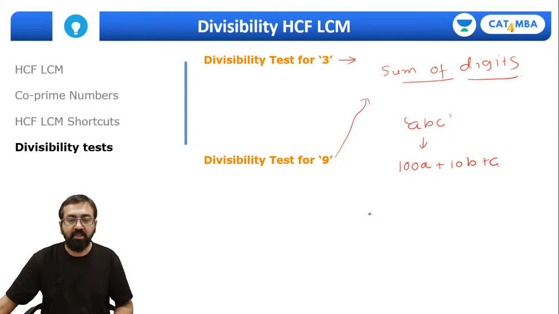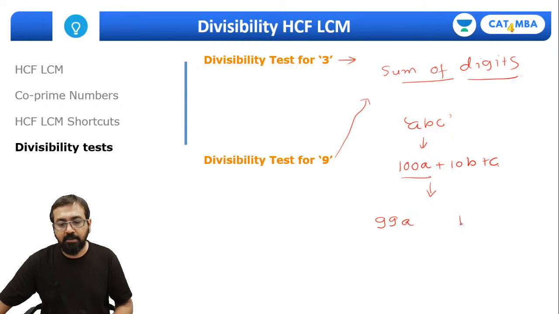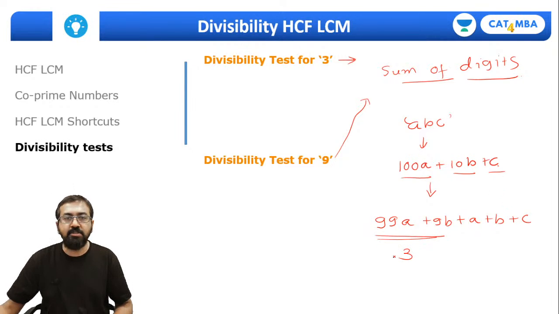Yes or no? Now this 100A can be written as 99A plus A. This 10B can be written as 9B plus B, and this C as it is. Now can I say this part is always divisible by 3? Because 99 into something is divisible by 3, 9 into something is also divisible by 3.